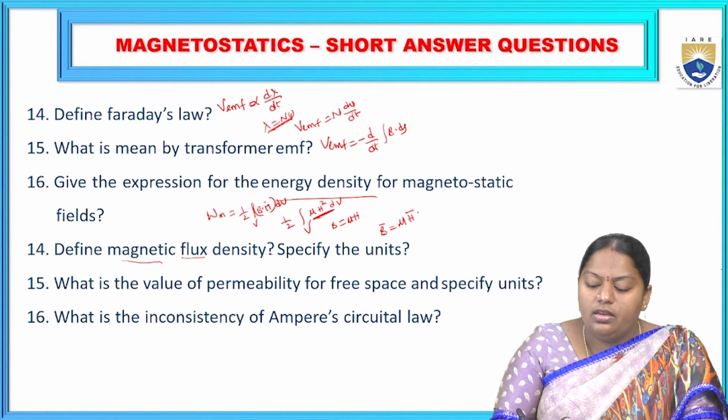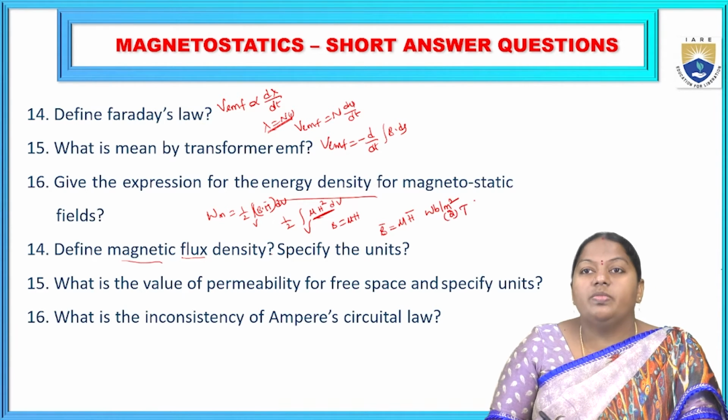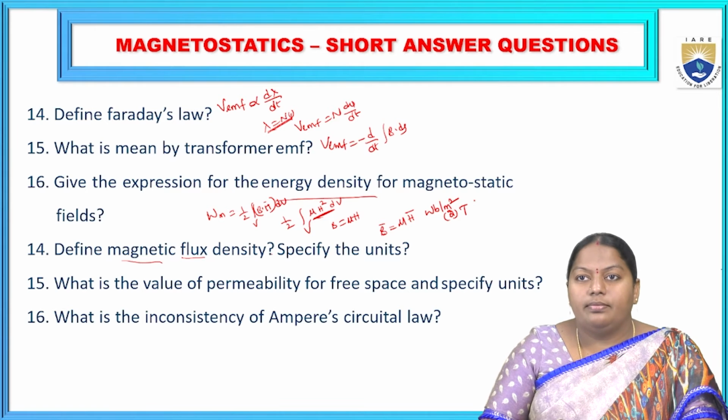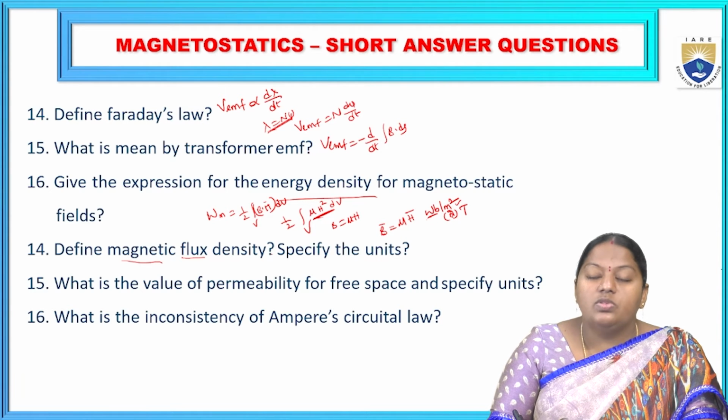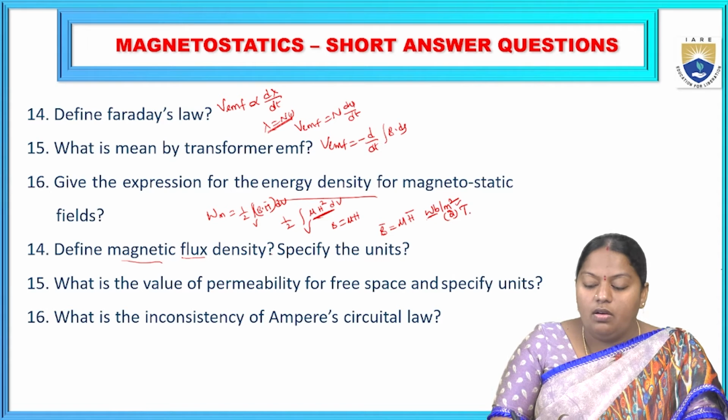The units are Weber per meter square, or sometimes Tesla. Generally, magnetic flux is measured in Webers, and occupying some area means density, so we measure it in Weber per meter square or Tesla.